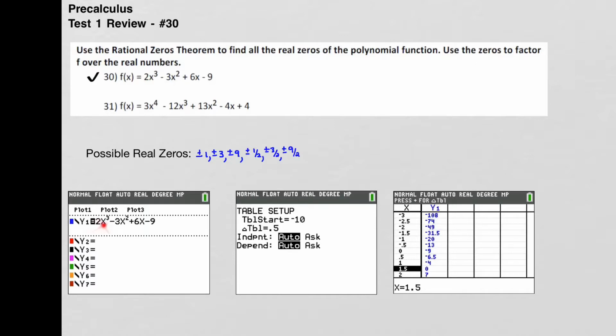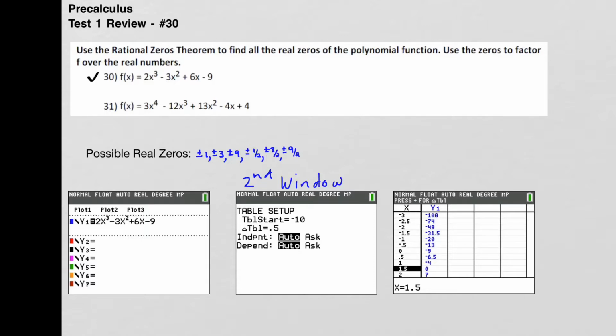I have typed my function into y1 in the graphing calculator. And then I went into table setup, and I get there by pressing second and window on the graphing calculator.